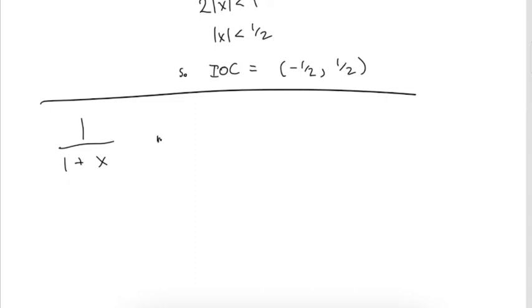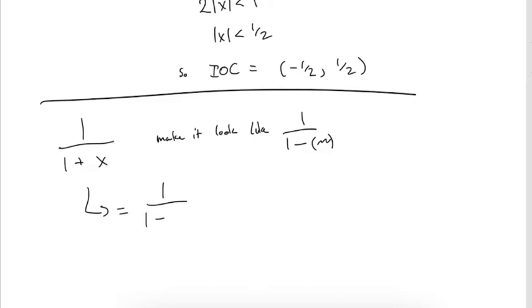The strategy here is to make it look like 1 over 1 minus some stuff, right? That's the idea, because that's the format that we already know. Can anybody say, how do I transform that? This is actually equal to 1 over 1 minus something?